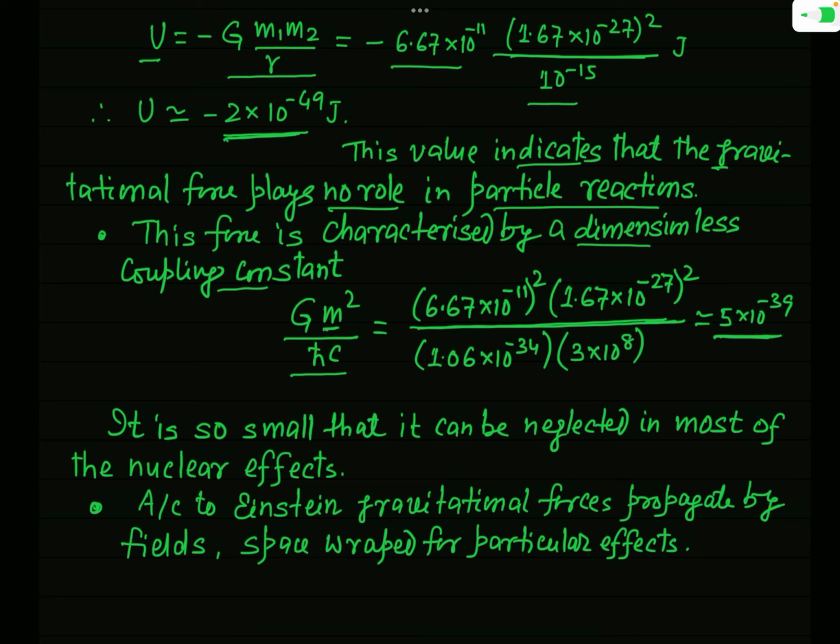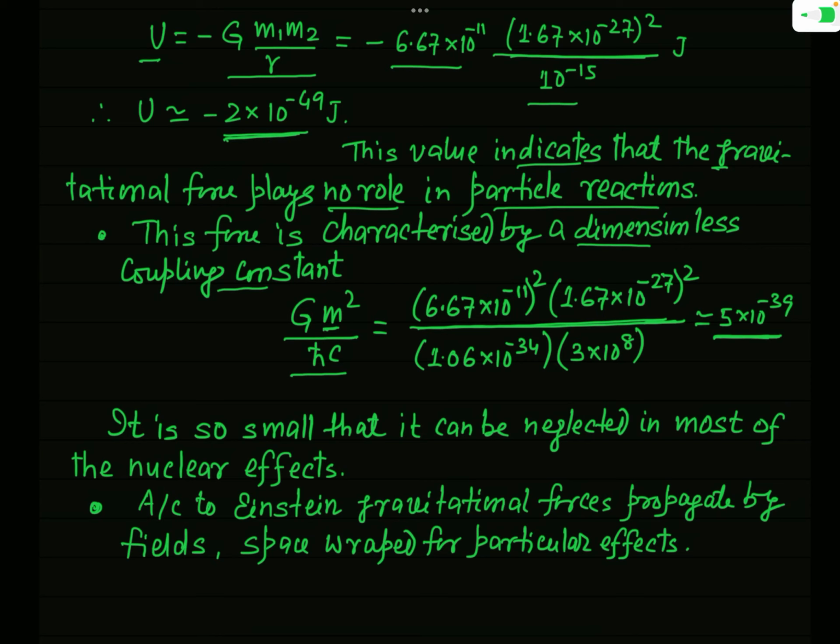We are talking about the gravitational force between two nucleons. In that condition, the coupling constant has a value of 5 into 10 to the power minus 39.